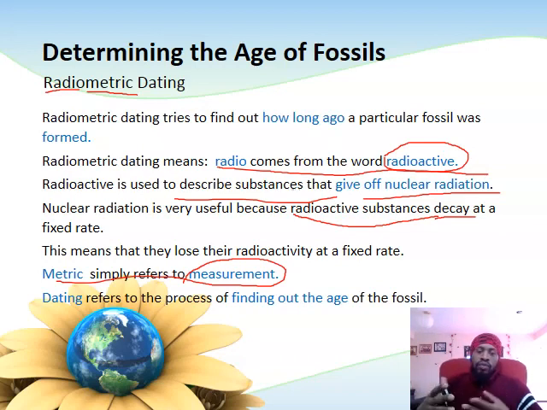So we have this radioactivity occurring all the time around and in us. But it occurs at a fixed rate, and it's important because it can then be calculated. We can use it to estimate the age of something because we know exactly the pattern, the rate at which it occurs.